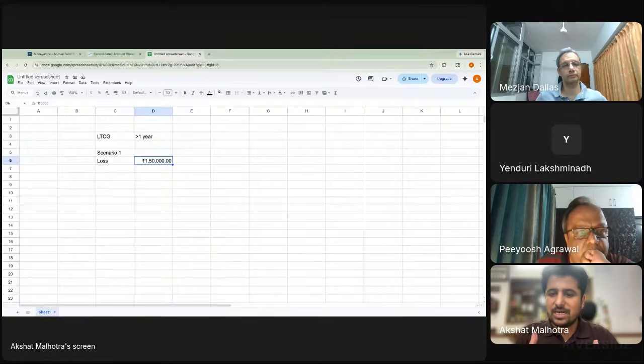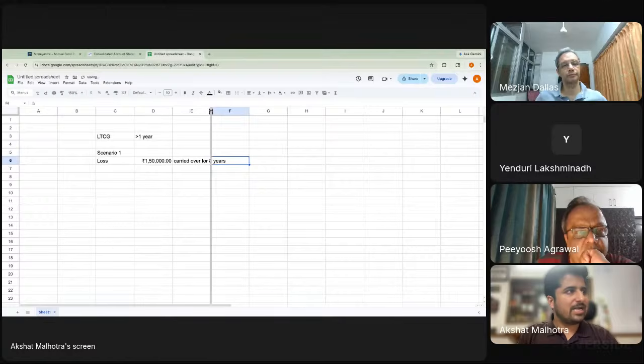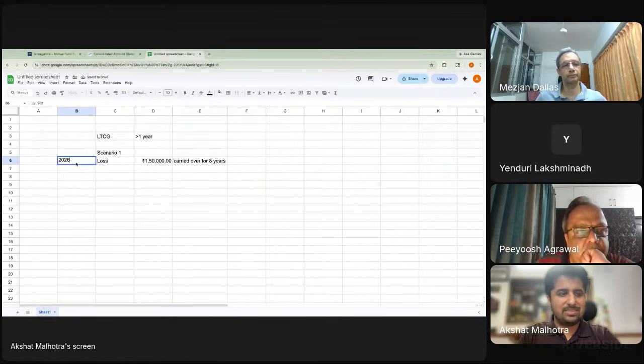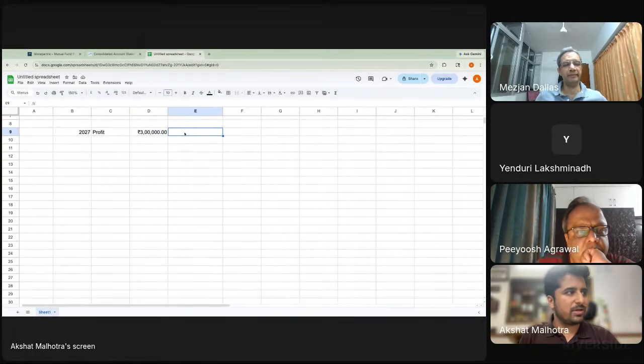Now what happens currently is you don't get any immediate benefit for it, but this gets carried over for 8 years. What does that mean? Let's say this is in 2026. Now in 2027, in case I made a profit of a total of 3 lakh rupees, how much tax will I have to pay?